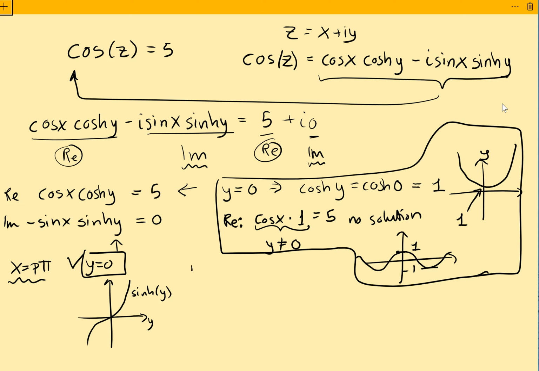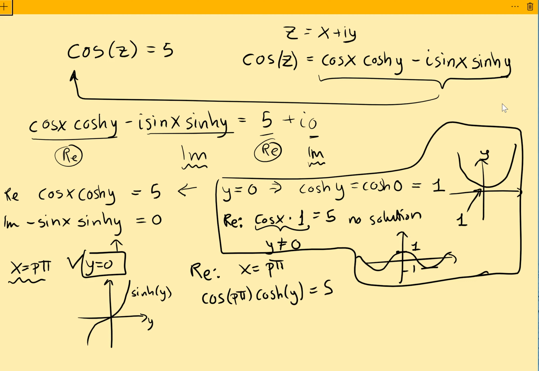So let's look at the real equation again. Setting x equal p times pi, that gives us cosine of p times pi times cosine hyperbolic of y equals 5.